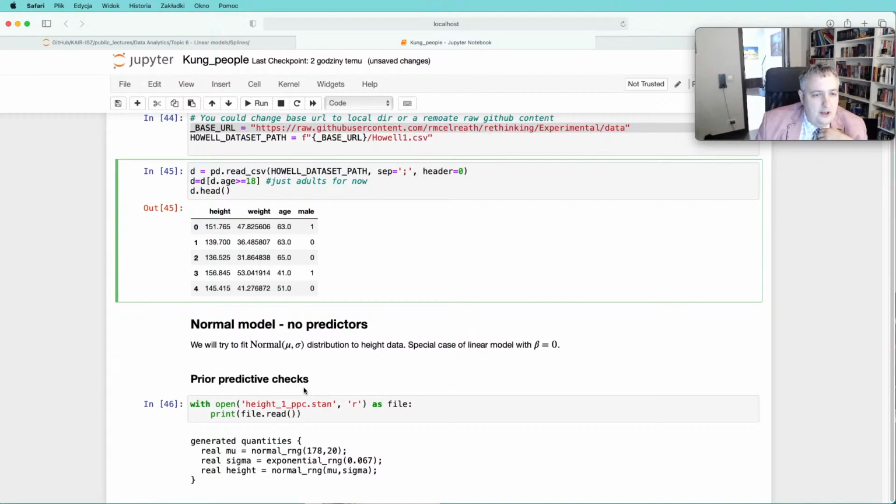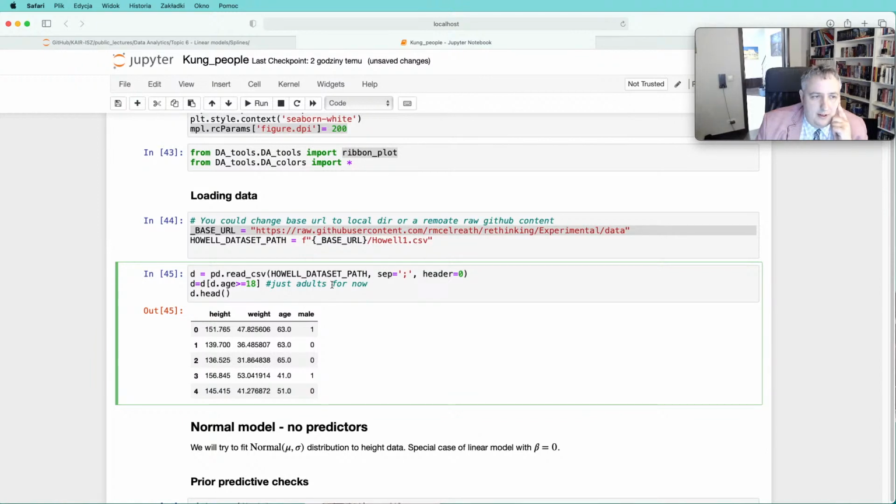So we have our model of the Kung people, consisting of smaller people around 150 centimeters or less, and also more, with low body weights and their ages. So we are focusing on the adult population that doesn't have much fluctuation in their height, in order to analyze it.